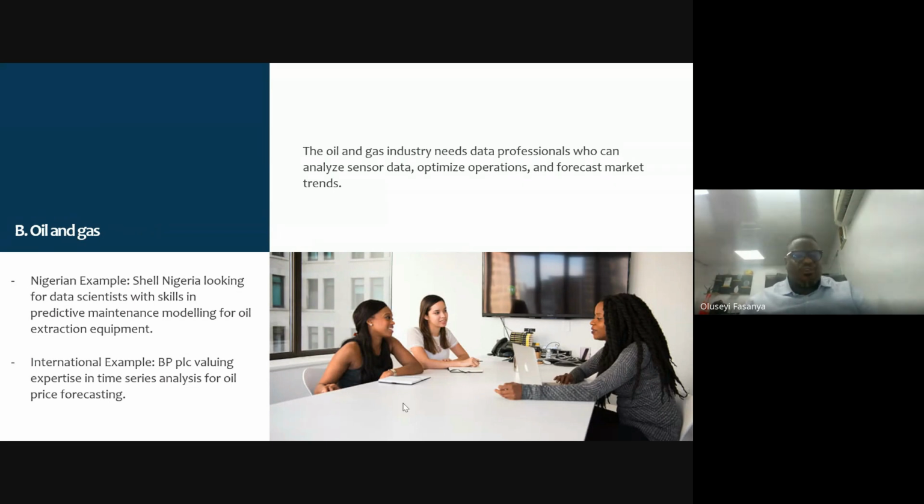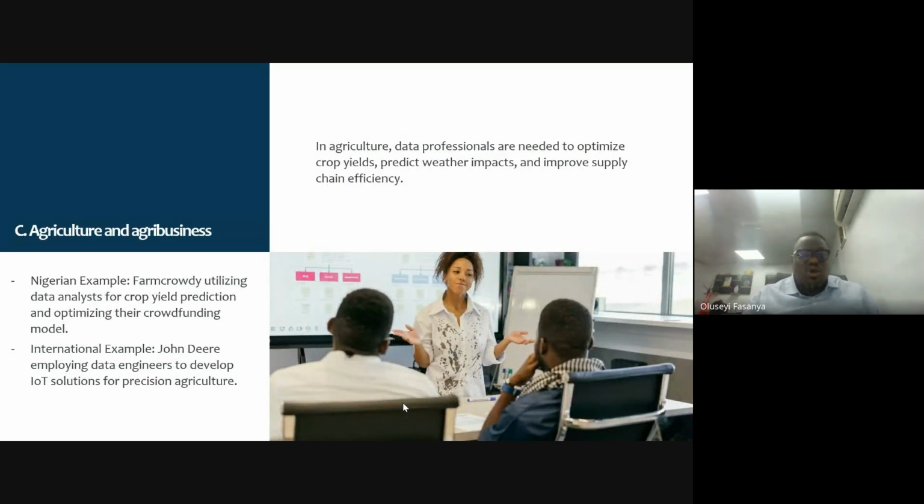Shell Nigeria looking for data scientists with skills in predictive maintenance modeling for oil extraction equipment talks to this as well. BP, British Petroleum PLC, valuing expertise in time series analysis for oil price forecasting talks to such skills within oil and gas.